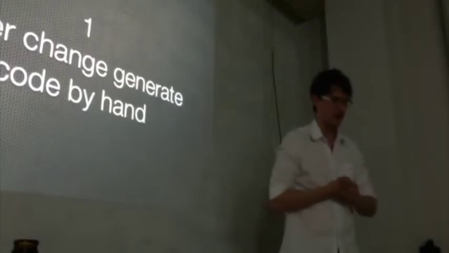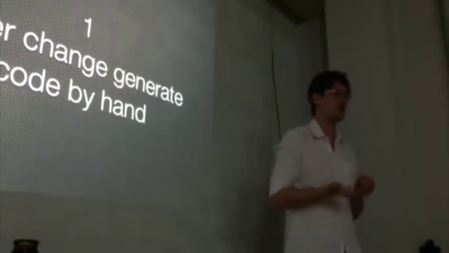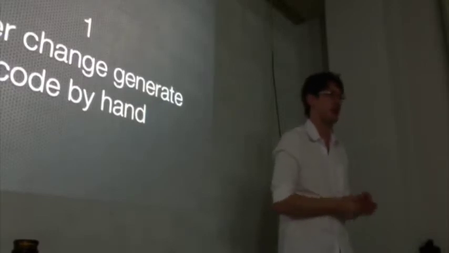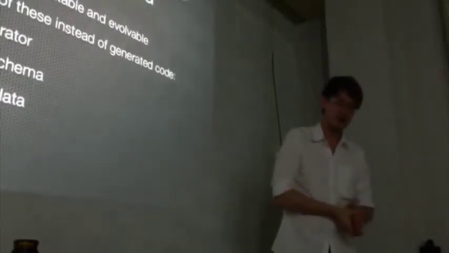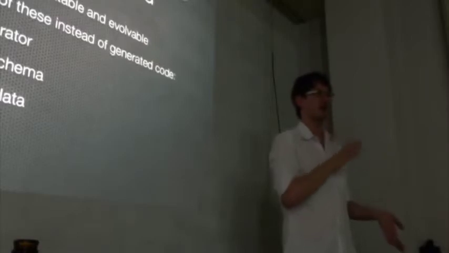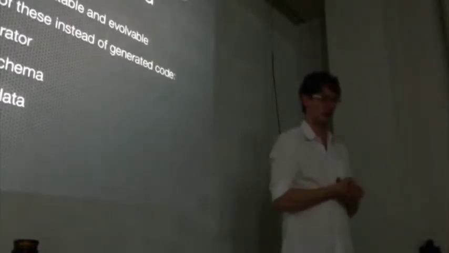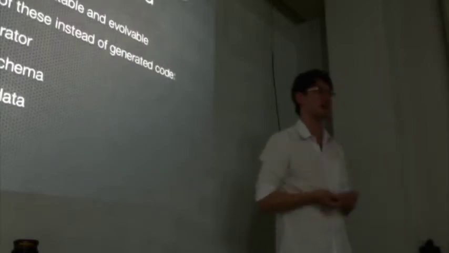One thing in general is to use code generation as a repeatable process. Never change your generated code by hand. Change your generator. Either change your generator or change your database schema if you use that as a source for your generator, or change the extra information that drives your code generator. And make it part of your software, evolve it with the software.